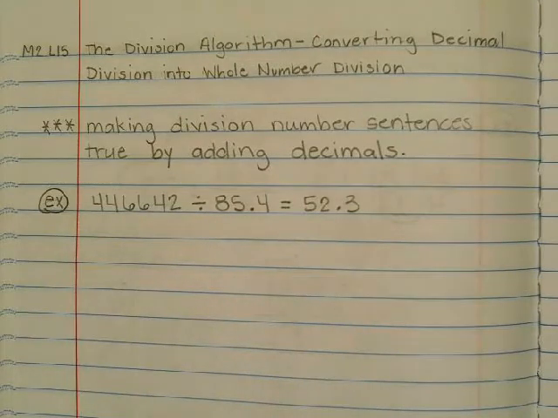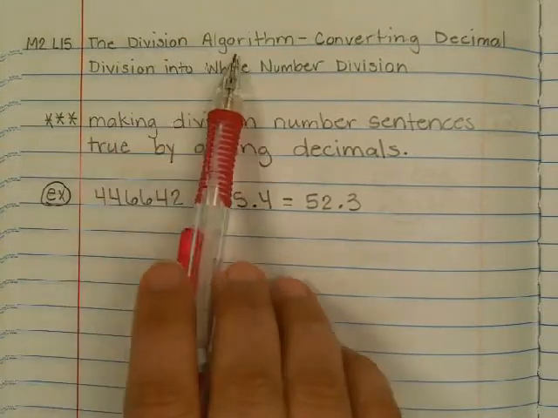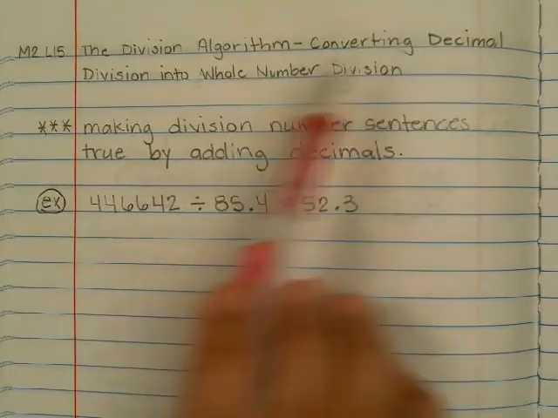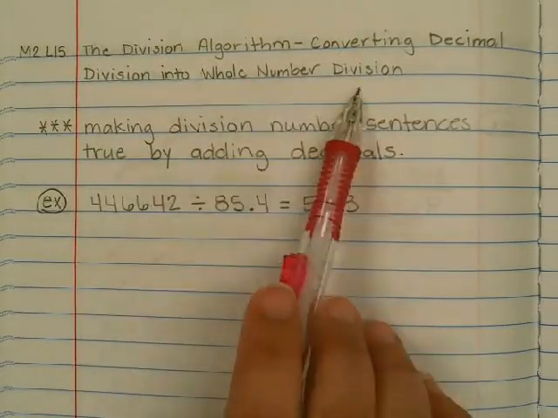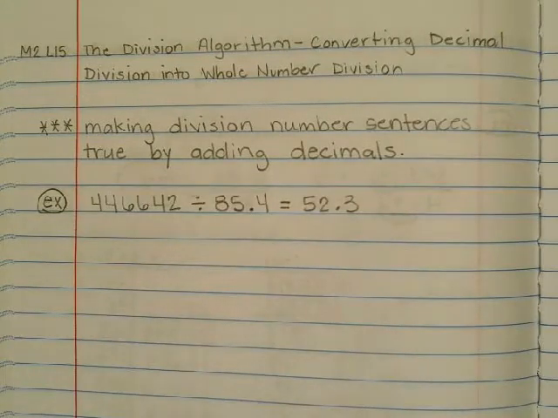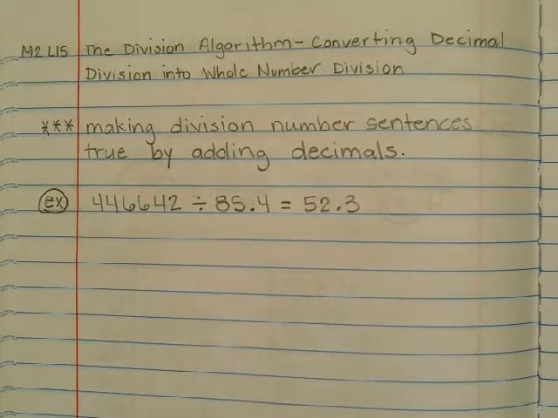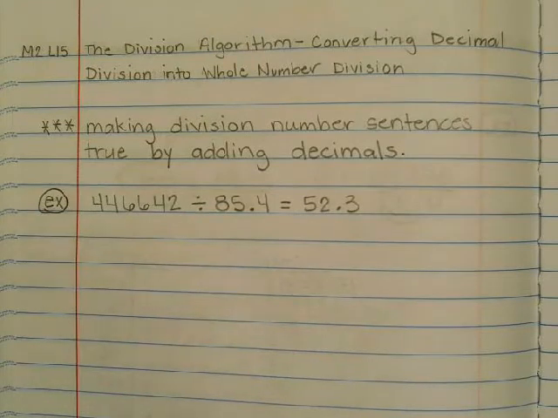Today's lesson is Module 2, Lesson 15, the division algorithm, converting decimal division into whole number division. And today's lesson is going to be a little bit different. This lesson calls for a lot of mental math strategies. I think that most of us typically use those in math.